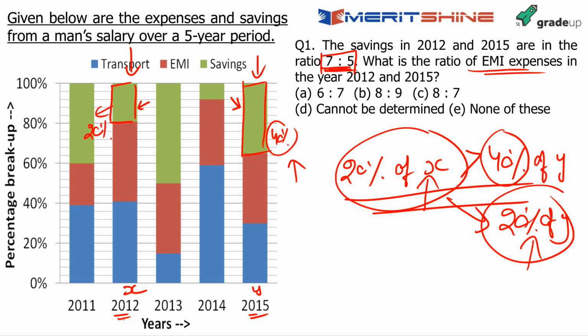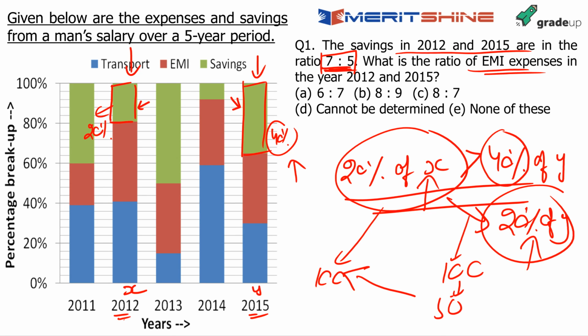First, you need to understand that when I am comparing the salaries of 2012 and 15, I am using this statement here: 20% of x is greater than 40% of y, approximate values only. Fine. It means that since 20% of x is greater than 40% of y, 20% of x would be at least twice of 20% of y. अगर ये वैल्यू 100 है, और ये भी मार्जिनली छोटा है, ये भी 100 है, तो इसका 20% तो 50 हो जाएगा ना. तो इसका मतलब क्या हुआ कि 20% ऑफ x कम से कम डबल होगा 20% ऑफ y का.